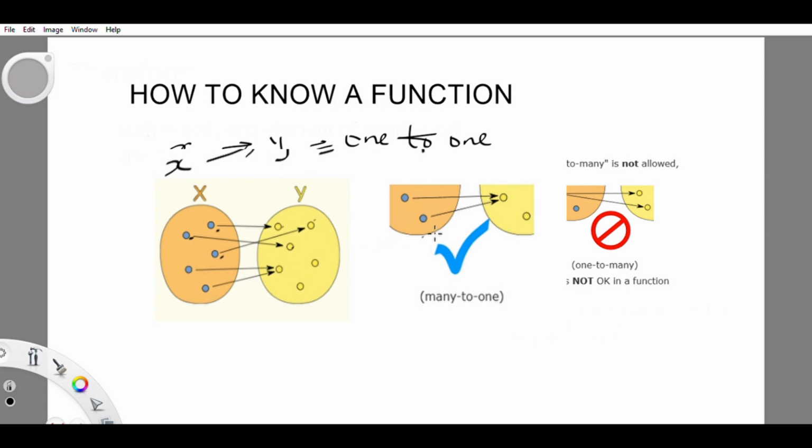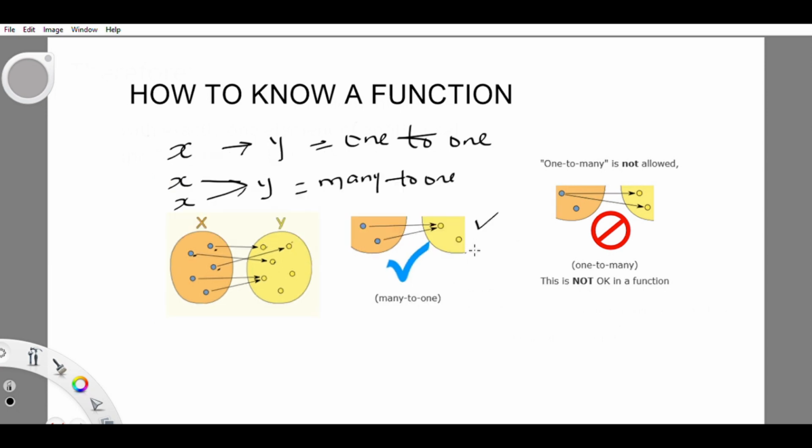As you can see right here, we have 2 to 1, that is many to 1. So these are all functions. It means that for us to have a function, an x value must be mapped to a single y value, or more than one x value must be mapped to a single y value. That is a function.